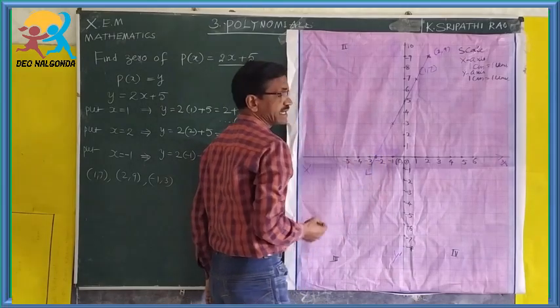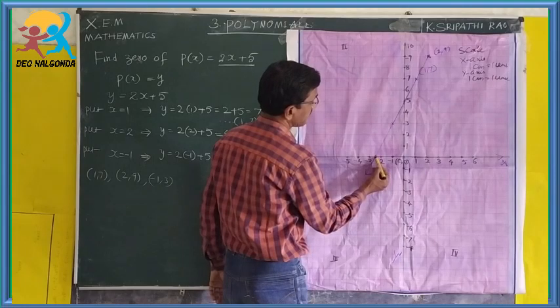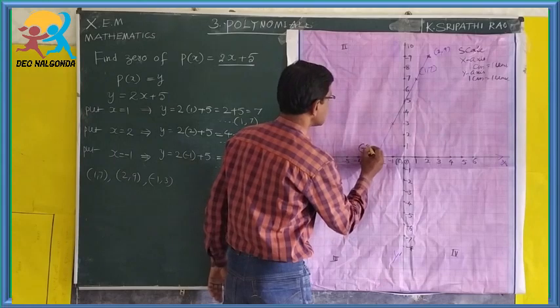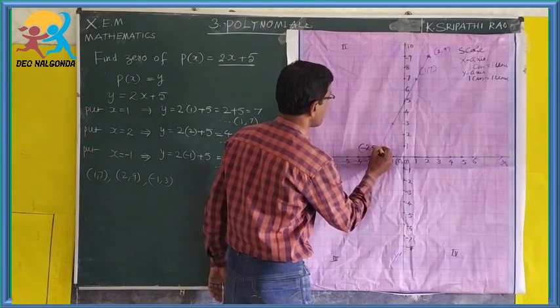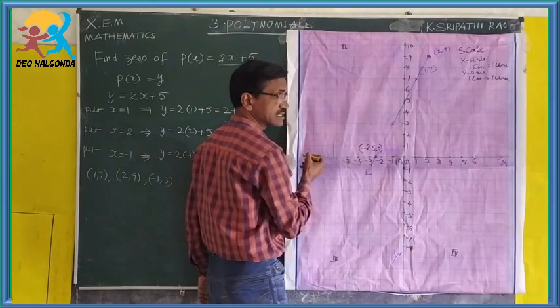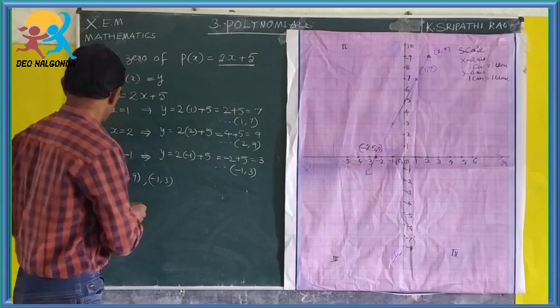Minus 2, minus 3 here, minus 2.1, 2.2, 2.3, 2.4, 2.5, 2.6, 2.7, like that, 2.5. So the point is minus 2.5 comma 0, because the y coordinate is 0 on the x axis. So minus 2.5 comma 0.